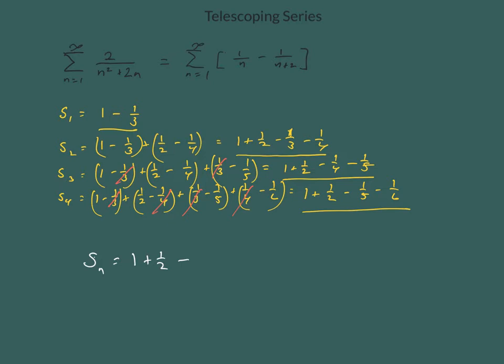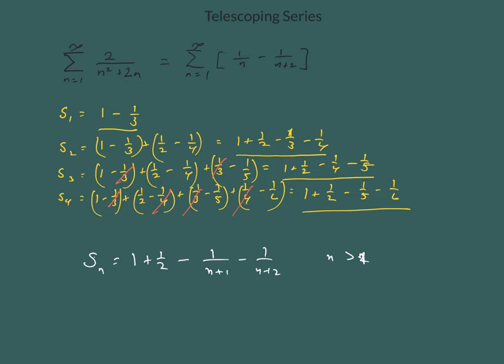So s sub n is going to be 1 plus 1/2 minus 1 over n plus 1 minus 1 over n plus 2. As long as n is greater than 1, that will always be the case.